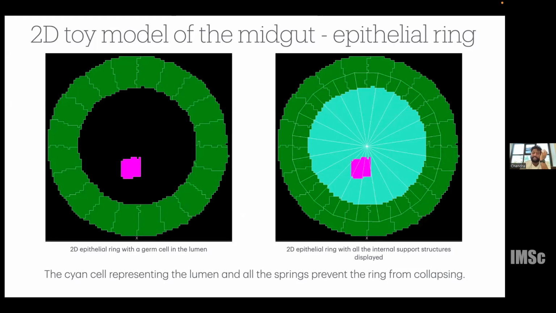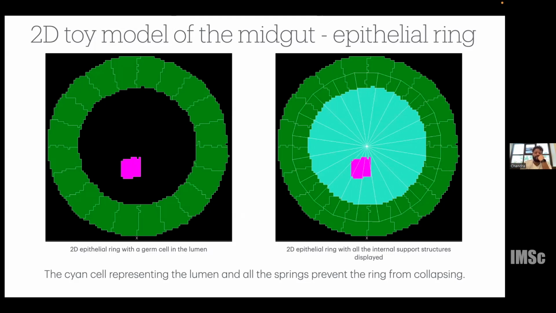If you just try to make this ring, as you can think from what I've told you yesterday, it will collapse and won't be a ring anymore, but a clump of epithelial cells, because energetically it is more favorable for them to overlap on top of each other. To maintain the lumen, you're increasing the number of pixels at the boundary that are not interacting with the epithelial cell, which is not energetically favorable. So the lumen will just collapse, which is a bad idea and definitely doesn't give us what we want.